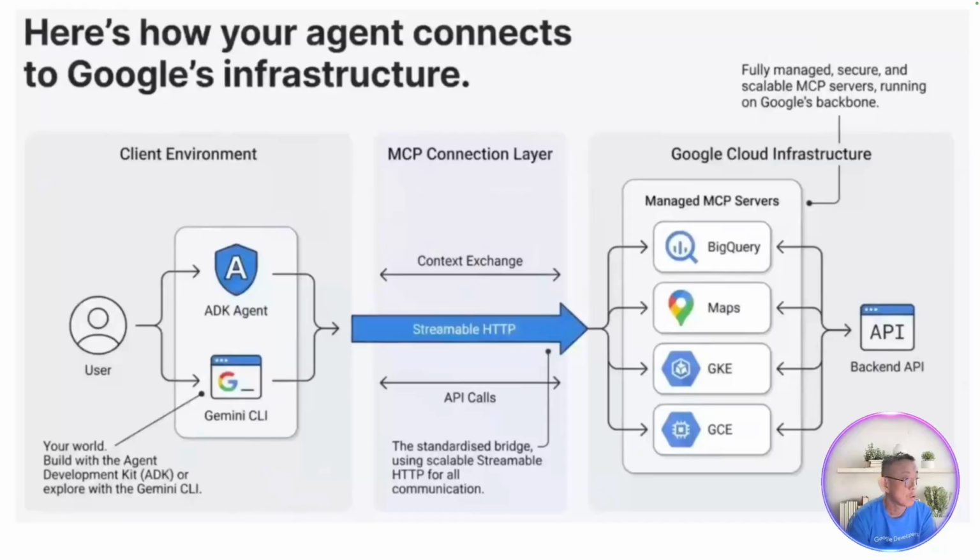Through the streamable HTTP, you can do an API call, and all these are layered together so you can connect to your managed MCP server, your BigQuery, your Google Maps, your GKE or GCE. And at the back, you have your API backend, and these are all fully managed by Google.